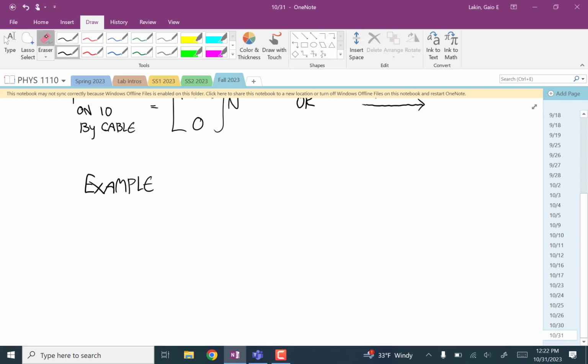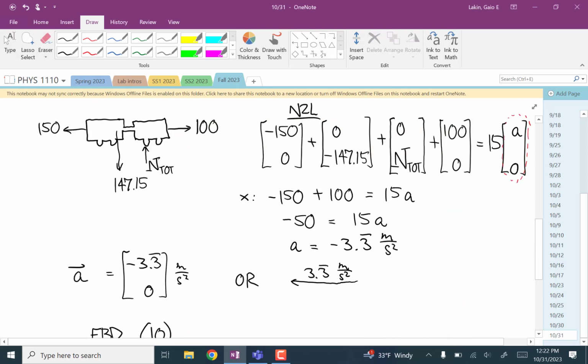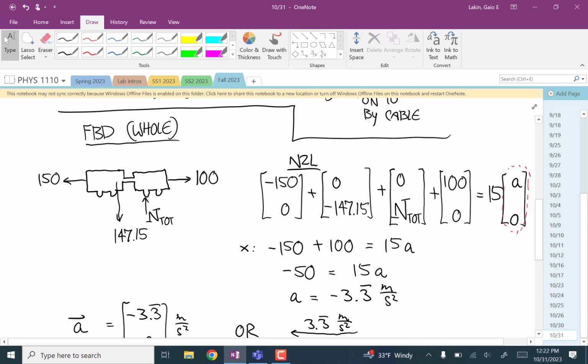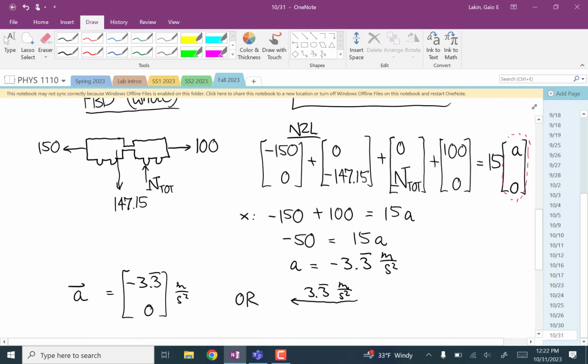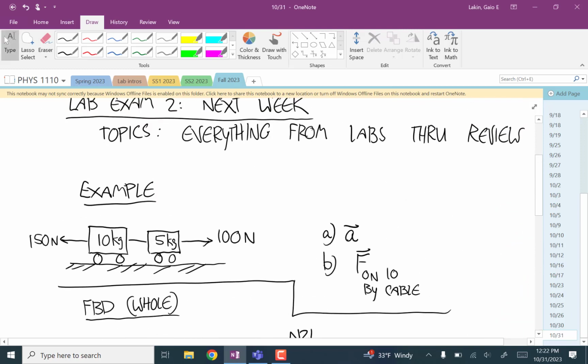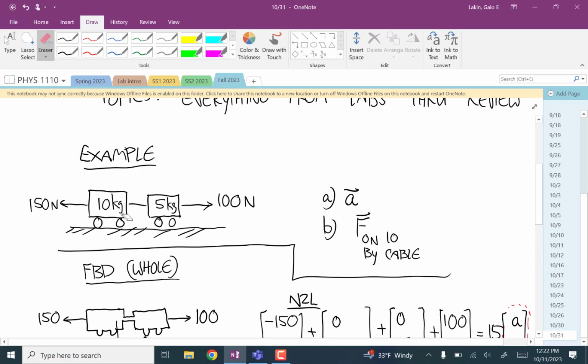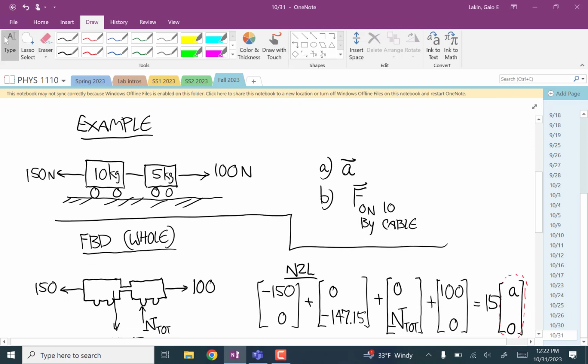Oh, want to see something interesting? If you applied this set of forces over some amount of time, what could you figure out about the motion of this thing?